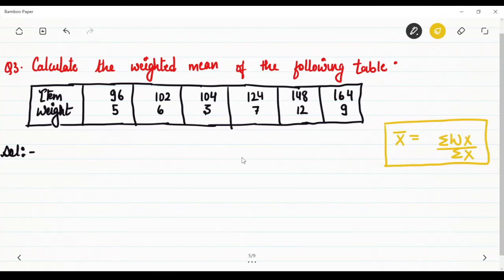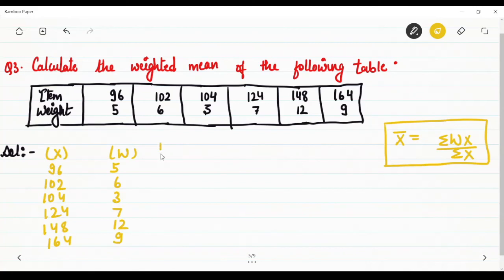So what we need is weight into x. What is the x here? X is 96, 104, then 124, 148 and 164, right? And weight W is 5, 6, 3, 7, 12 and 9.